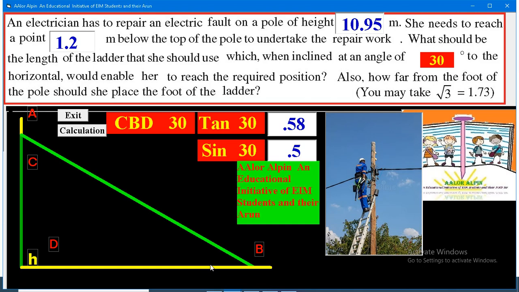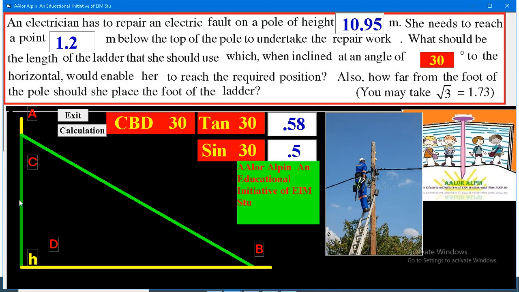So I have to find out what is the length of this ladder, and also this point BD. B is where the ladder is touching the ground. So what is the distance from the foot of the pole? That means BD. I have to find BC and BD. So let us start. Have you understood the problem?